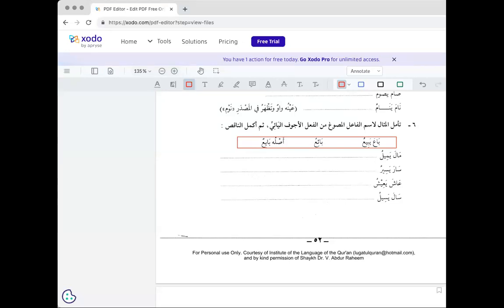Interestingly, ismul fa'il here is the same ismul fa'il of questioner, somebody who questions. Sa'ala, as in the Quran, Surah Al-Ma'arij, سأل سائل بعذاب واقع.